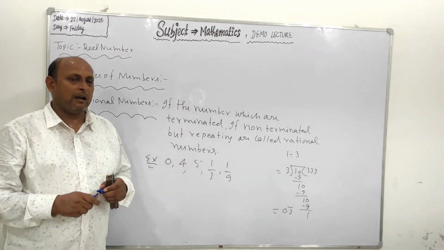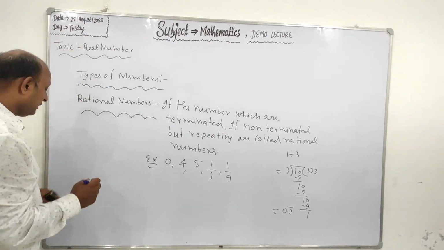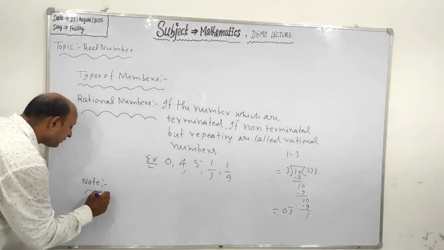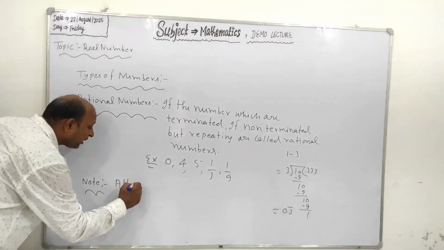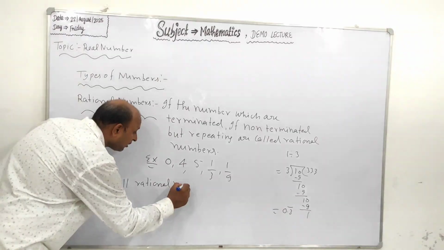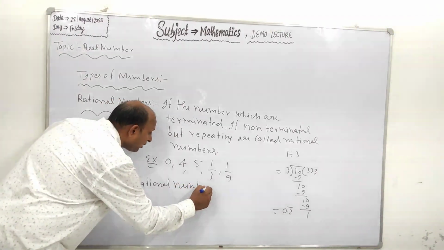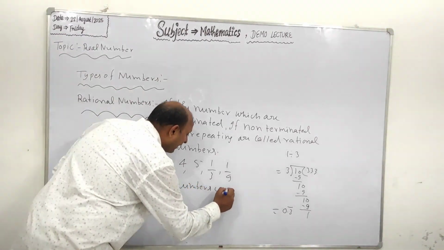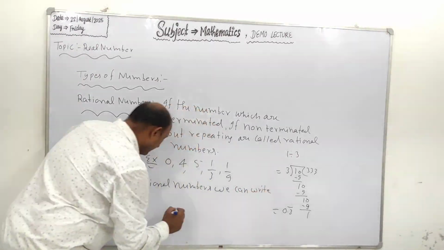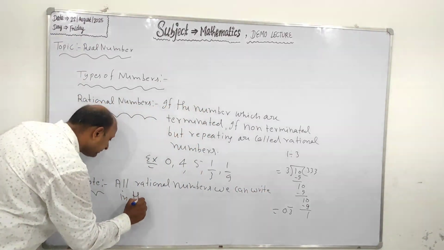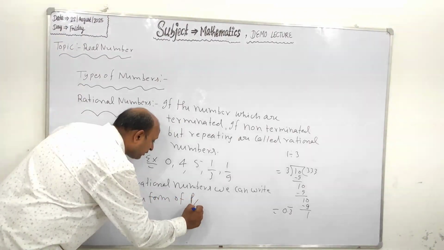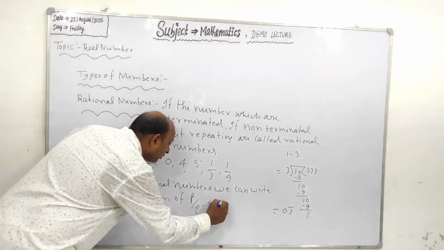And most important thing, note: all rational numbers we can write in the form of P upon Q and Q does not equal to 0.